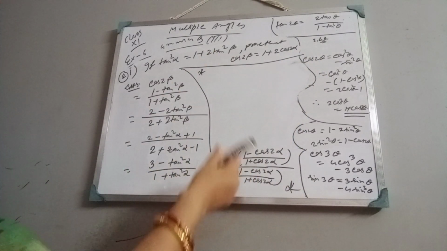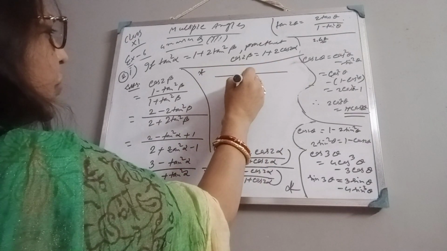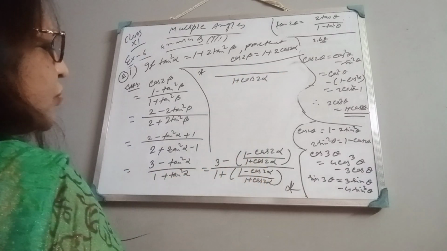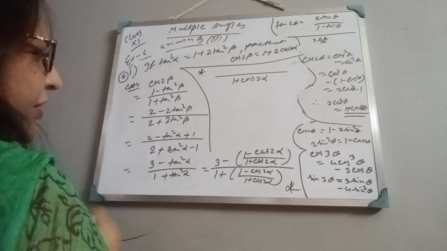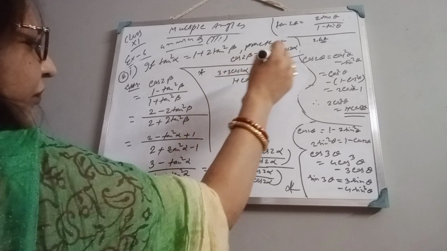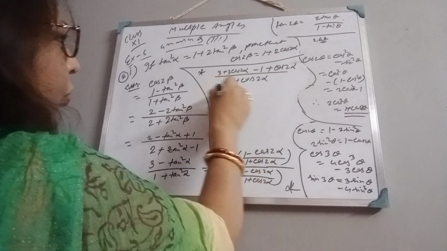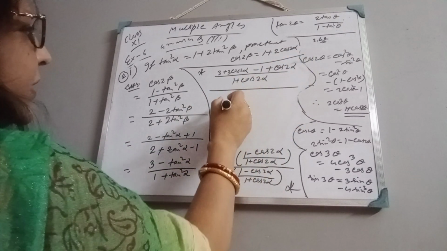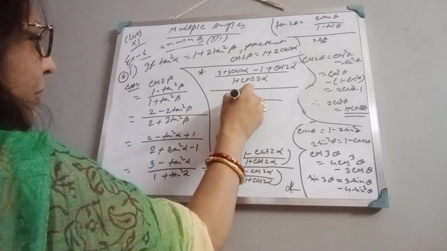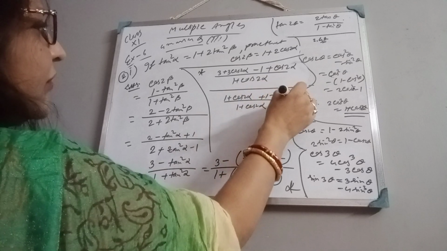Now multiplying by 1 plus cos 2α, it is coming 3 into (1 plus cos 2α), so 3 plus 3 cos 2α, minus (1 minus cos 2α), so plus cos 2α, whole divided by again 1 plus cos 2α, and here it is (1 plus cos 2α) plus (1 minus cos 2α).